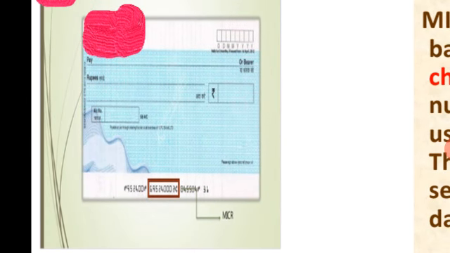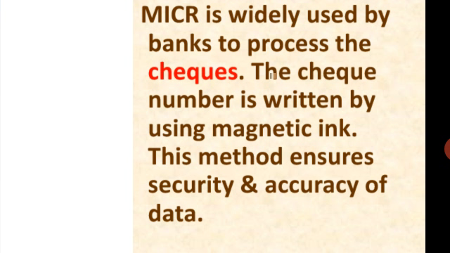This check number is marked with a special magnetic ink, so when you insert the check in the machine to read that number, it automatically recognizes it. This helps to give accurate data. We cannot make any mistake. If I enter the check number manually, I may commit a mistake.